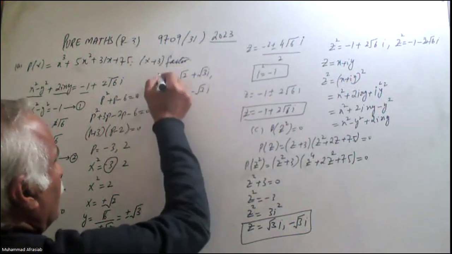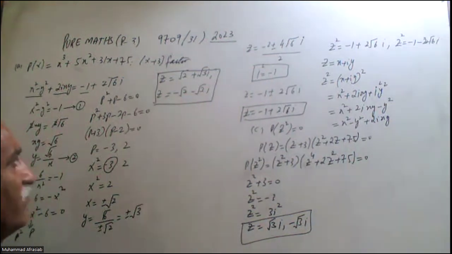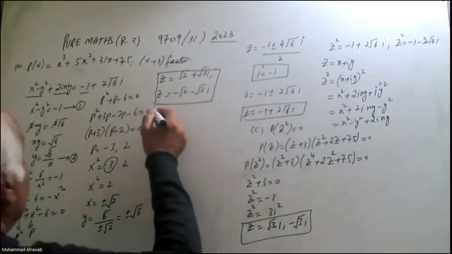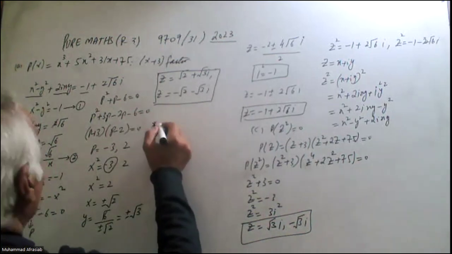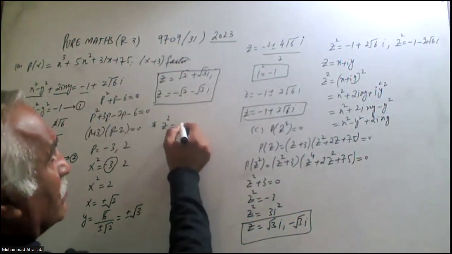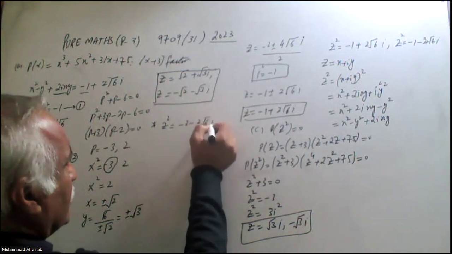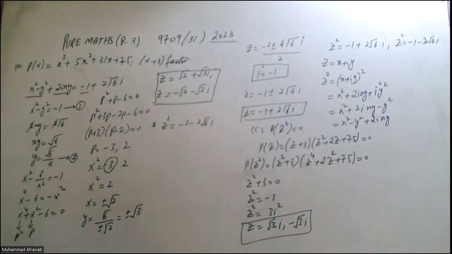So these are the two values of the second part of that question, where the roots of that equation are equal to -1 plus 2 root 6 iota there. And then the third root of that, z square equal to -2 minus 2 root 6 iota. Again, we apply the same procedure for this part.